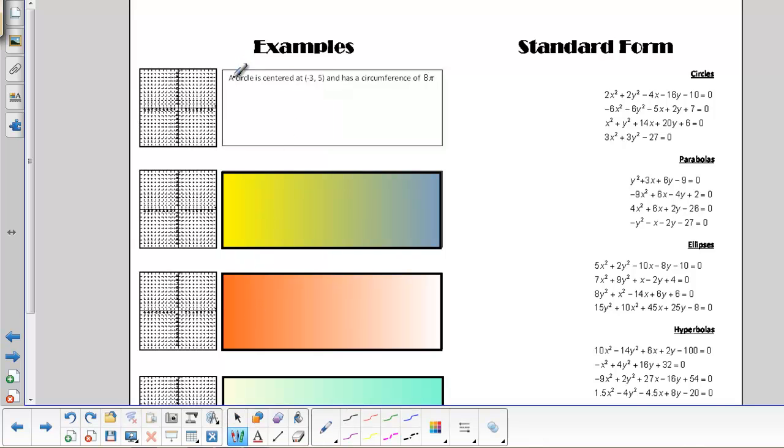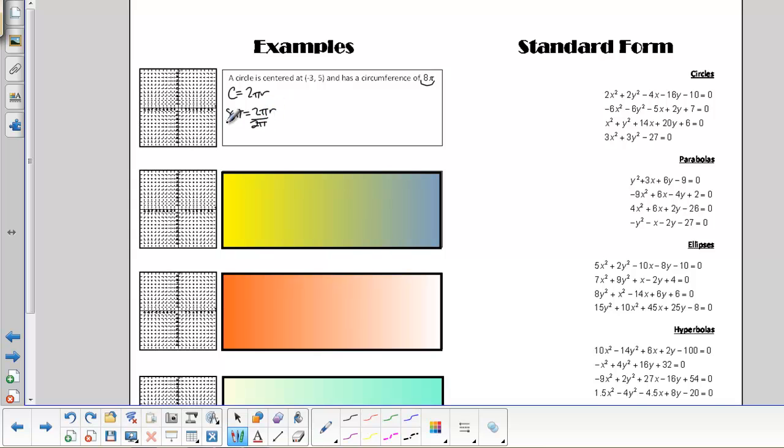Okay, a circle is centered at negative 3, 5 and has a circumference of 8 pi. We will use the circumference to find our radius. That will be our first part. Circumference equals 2 pi times the radius, so 8 pi equals 2 pi r.